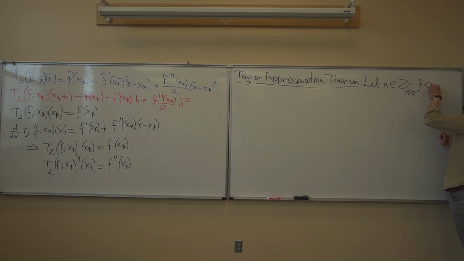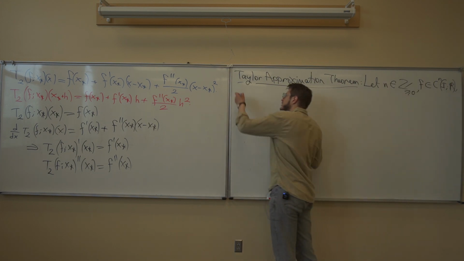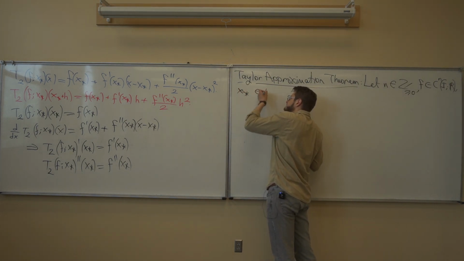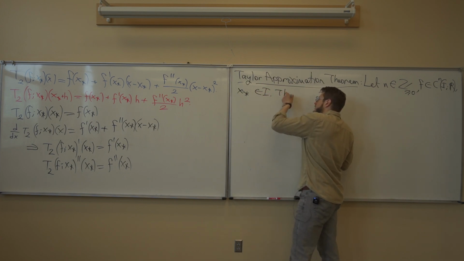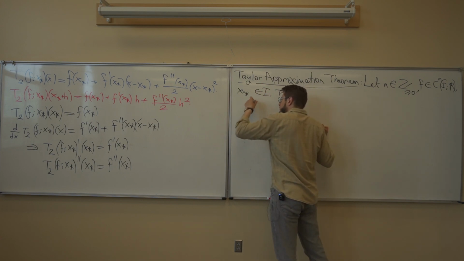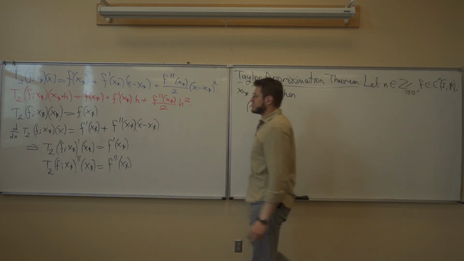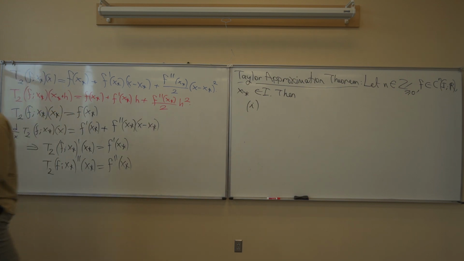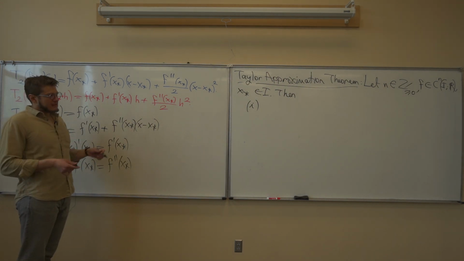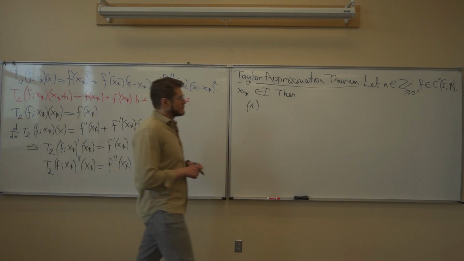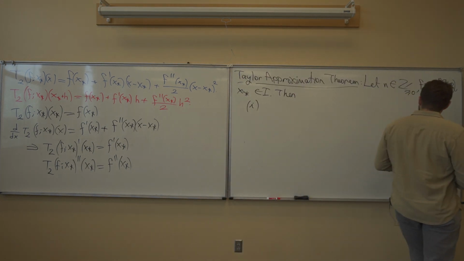And let x star be a point in I. Then the nth order Taylor polynomial of f at x star is the unique degree n polynomial that is tangent to f of order n.